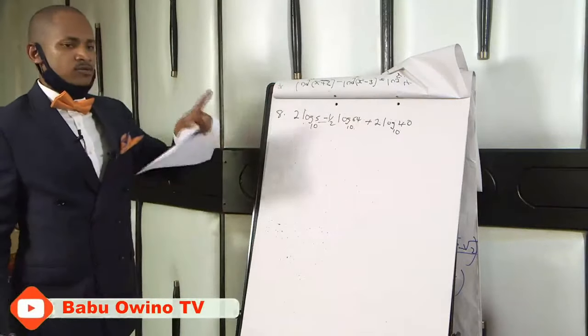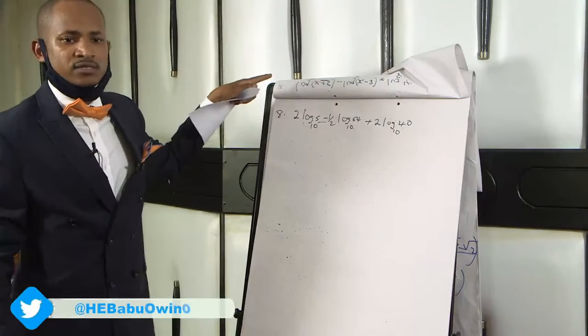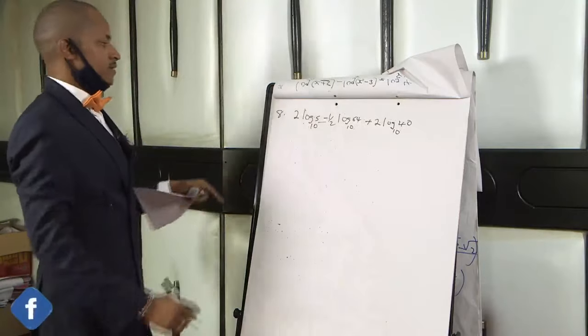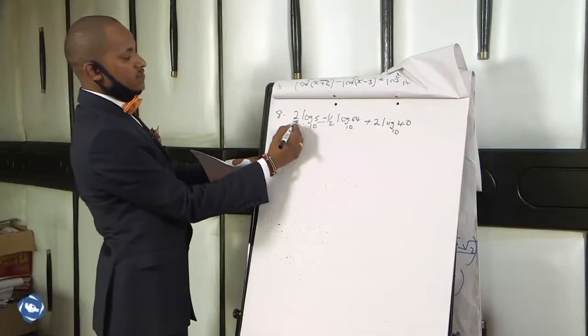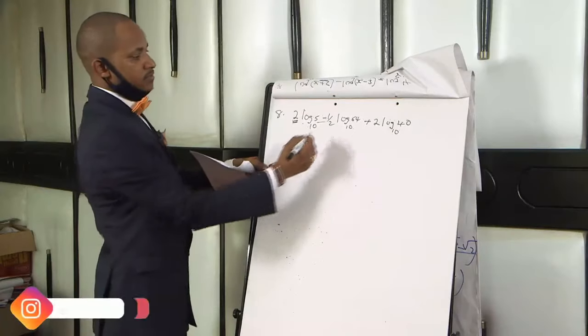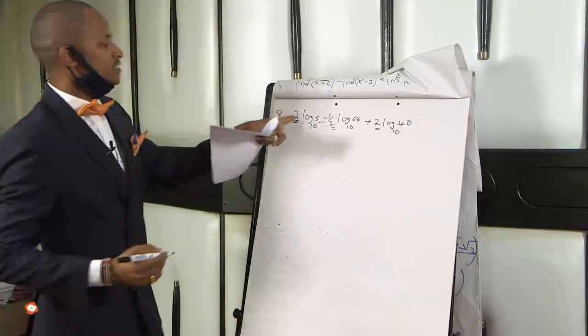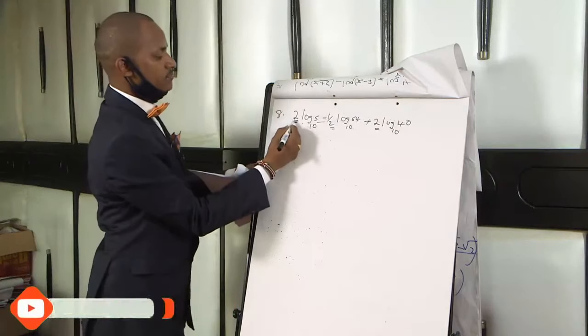This time round, I told you the first thing is to check the bases. The first question we dealt with logs to base 8. Now we are dealing with logs to base 10. Number 1, ensure that these coefficients, the constant values, you rewrite in such a way that it goes back to its original value.